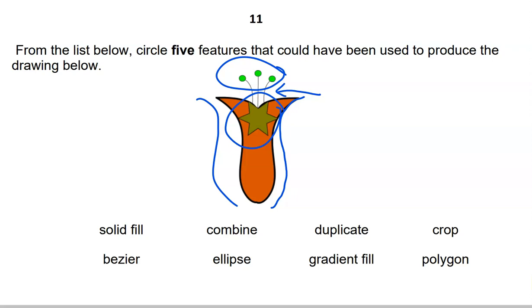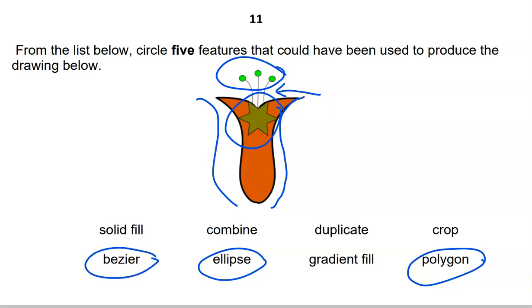The easiest way now is ellipse for the circles, the polygon for the star. There's the bezier tool. The bezier tool is used to draw the irregular shape or even the curves. Then we have solid fill. Why solid fill?